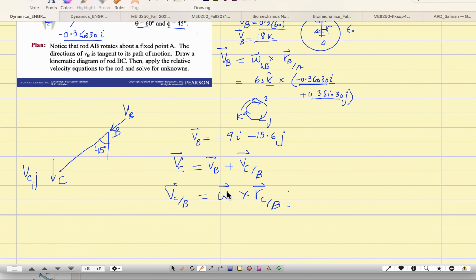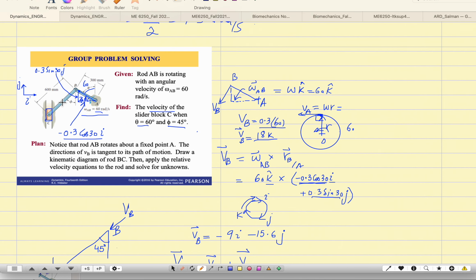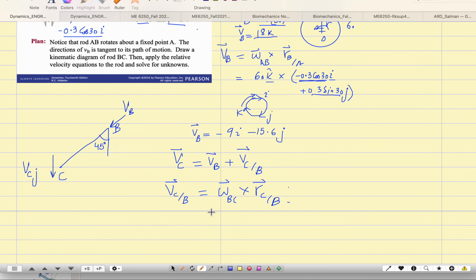So I can write omega BC, but if you take a look here, this is also counterclockwise. Can I write it like omega K cross R C from B?